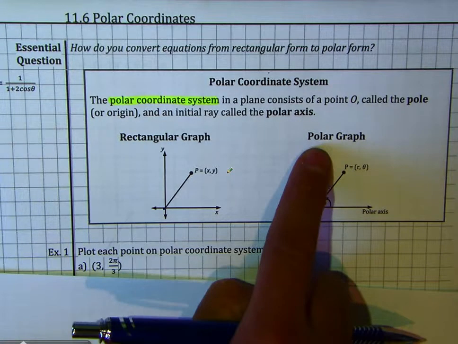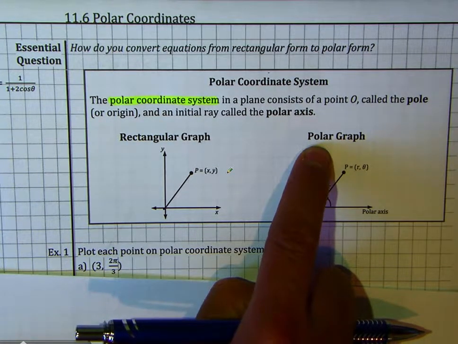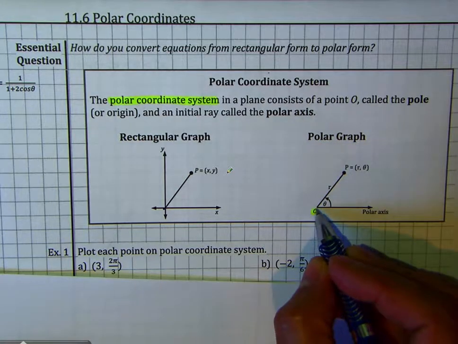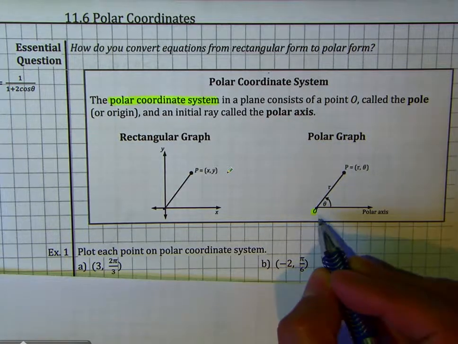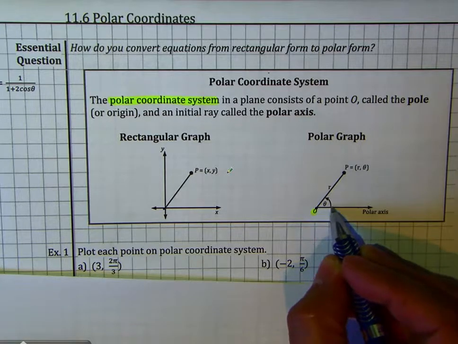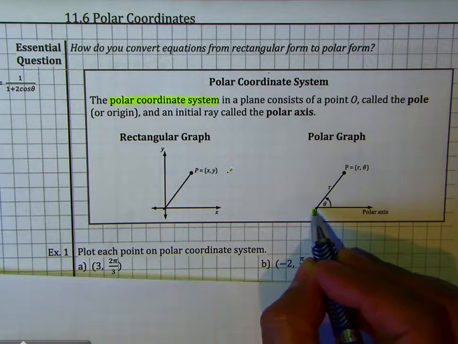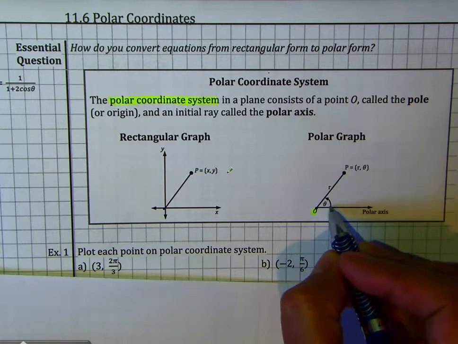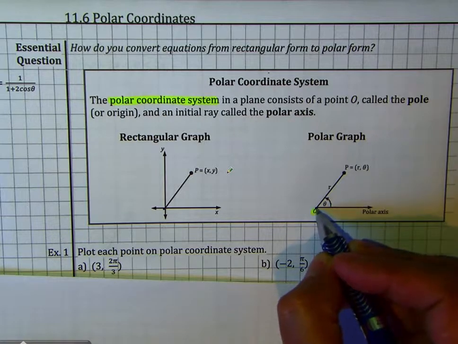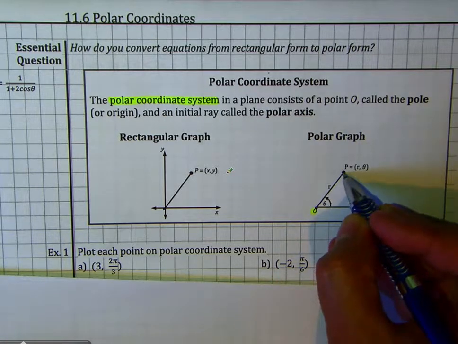Once we move to a polar graph, the pole is going to be O. Then we have a ray that's going to be your polar axis. And then you're going to have the rotation, which will be your theta. And r will be the distance from your pole all the way to the point.